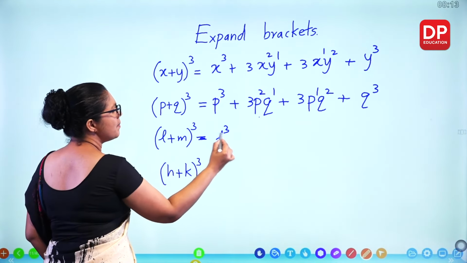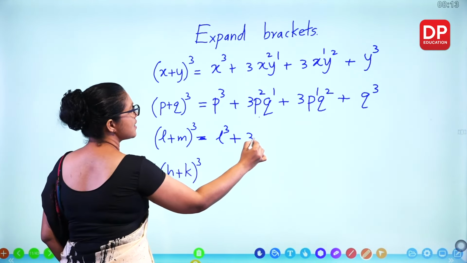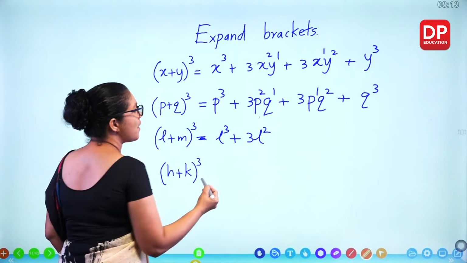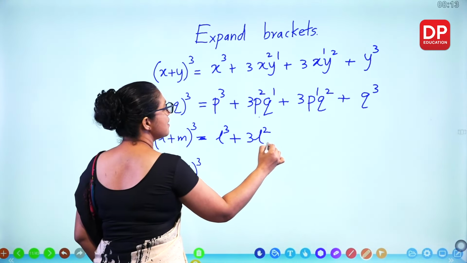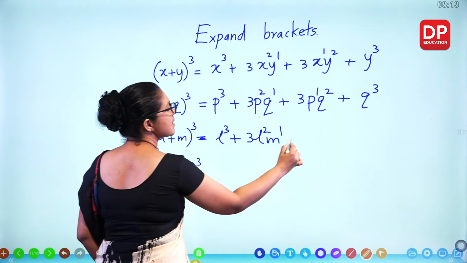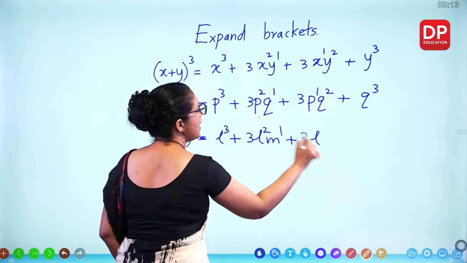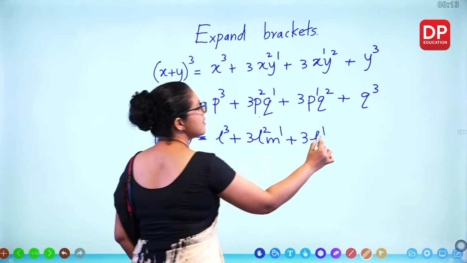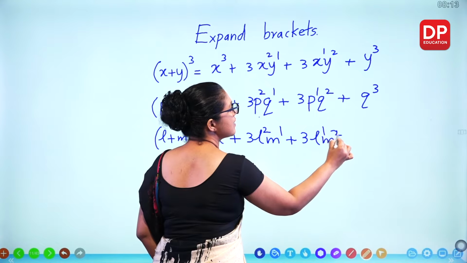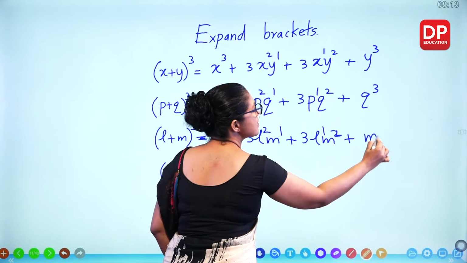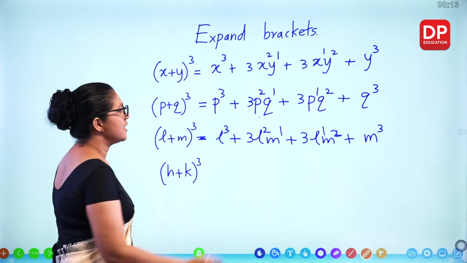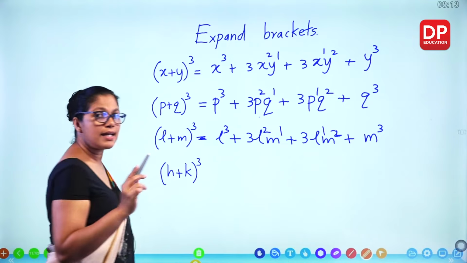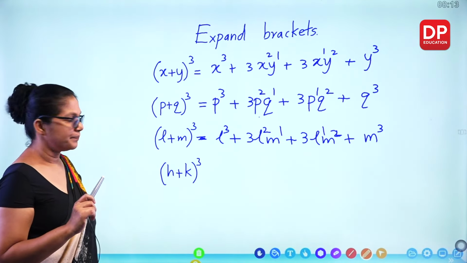First term cube, 3 times. The power reduces by 1. Last term, power increases. 3 times L, reduce that by 1. This one increasing. And then last term, power 3.